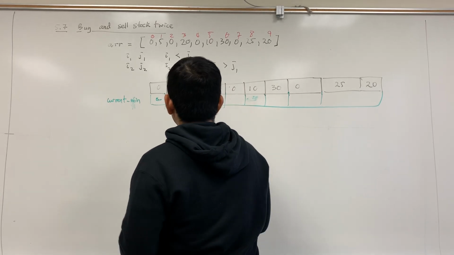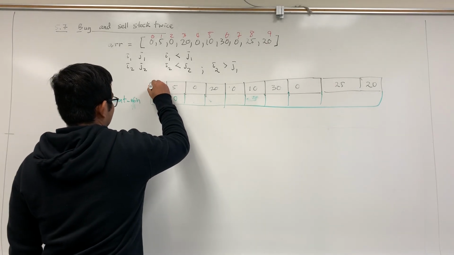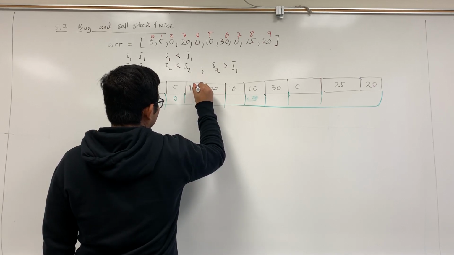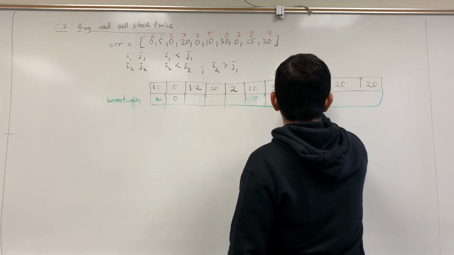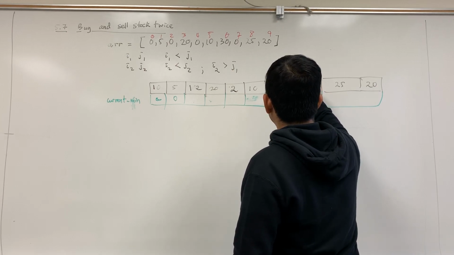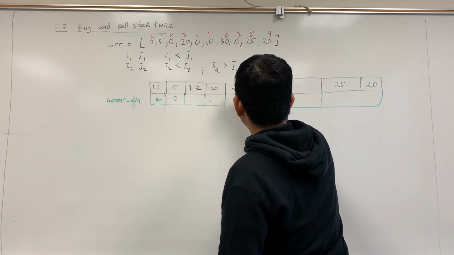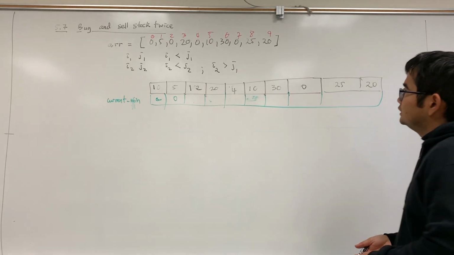So let's do 10, 5, 12, 20, 4, 10, 30, 0, 2, 4, and 0. All right.